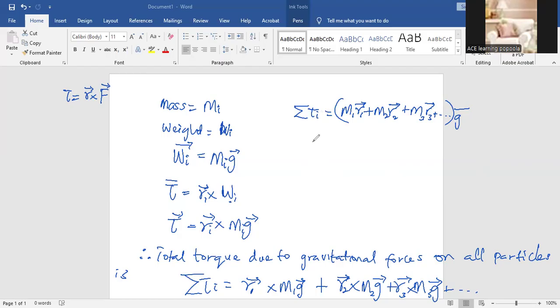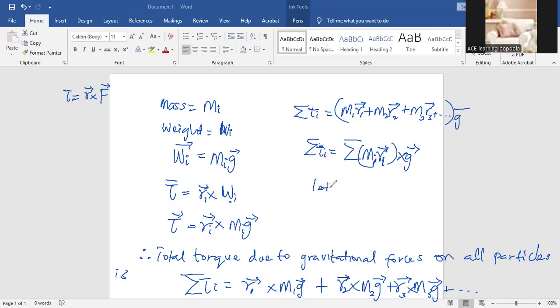So we'll then have summation tau, the total torque, equal to the total m times r, where we use i to represent the numbers, times g. We're now going to represent the total mass.